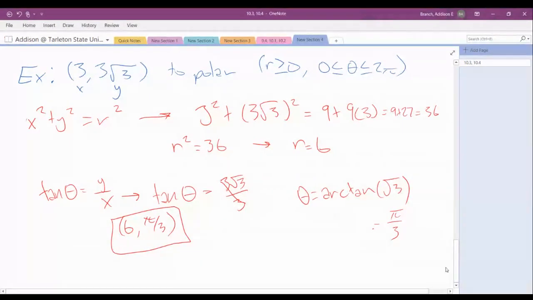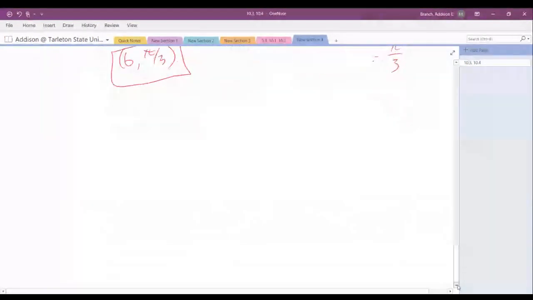All right, so now let's go ahead and talk about polar curves and polar functions.